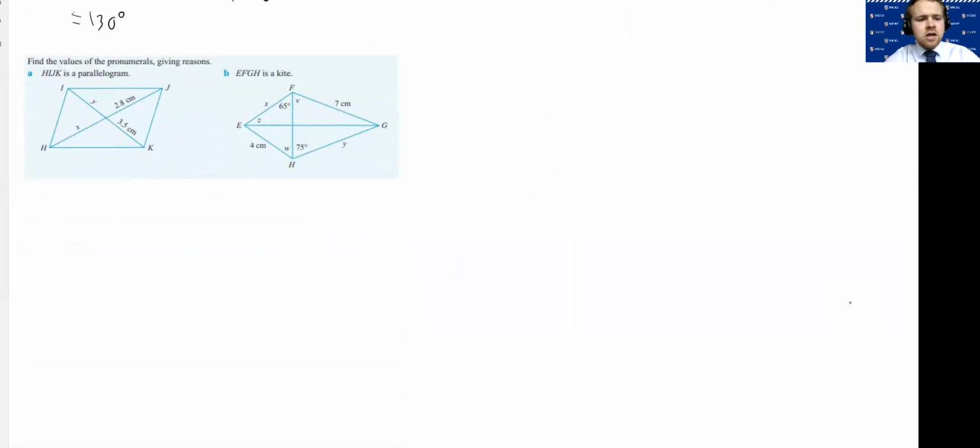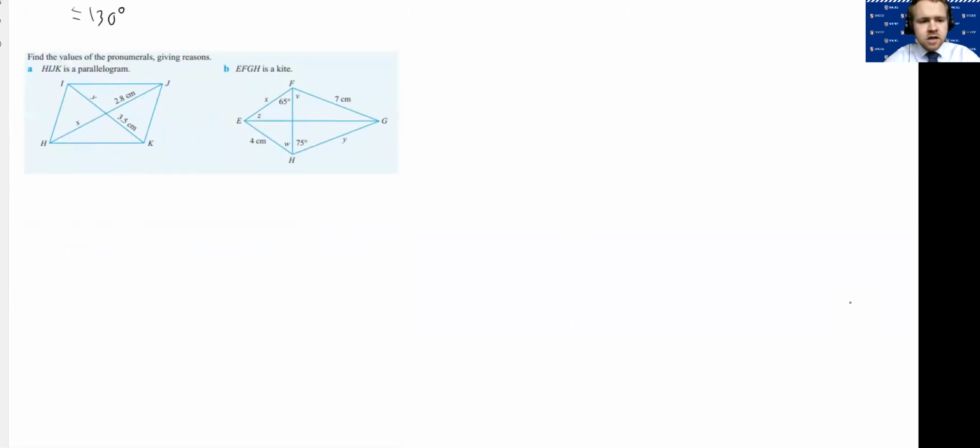Okay, final questions. Here we have different quadrilaterals, and we've got to remember the properties of our quadrilaterals. So we know that parallelograms, okay, that their diagonals are bisected. They're not bisected at right angles, but it means that the lines that go across are cut in half by the other diagonal.